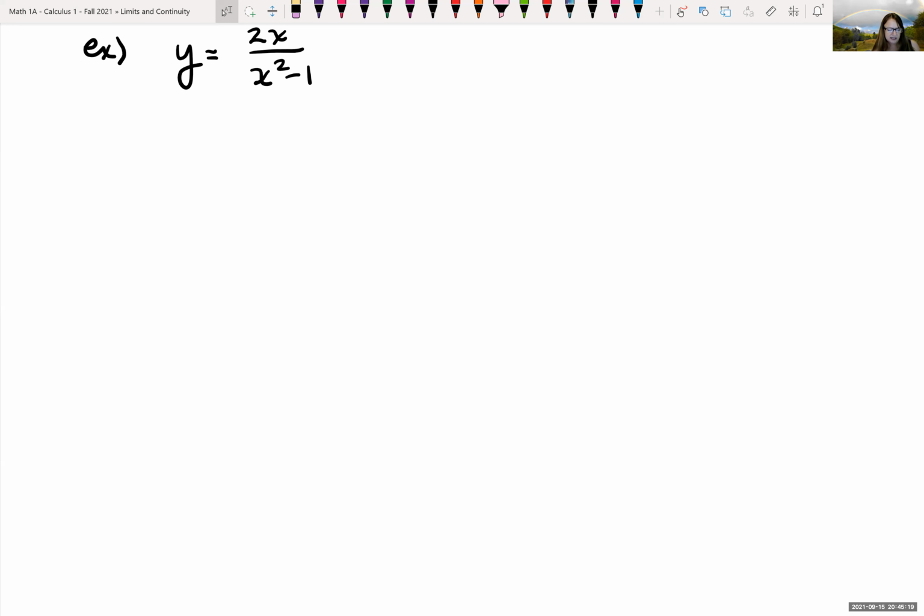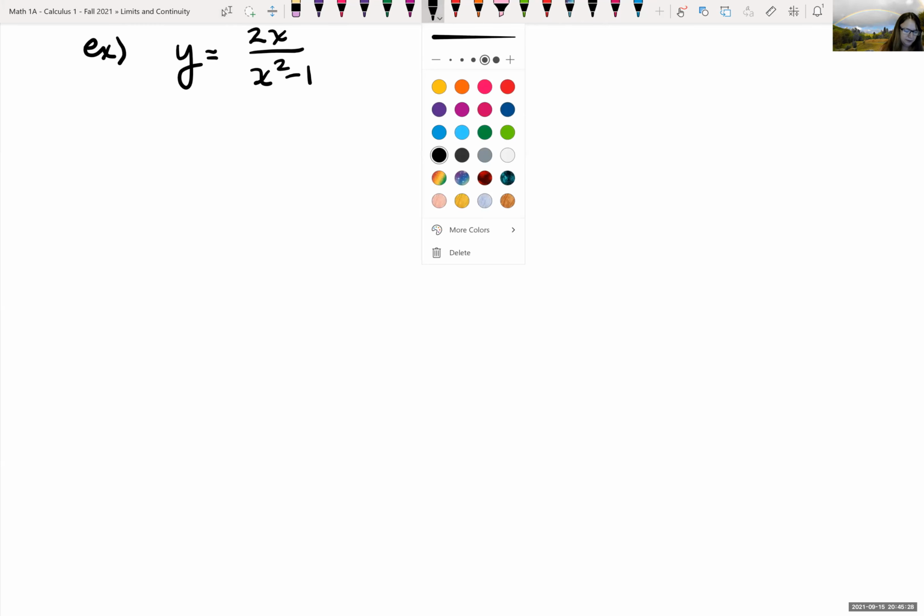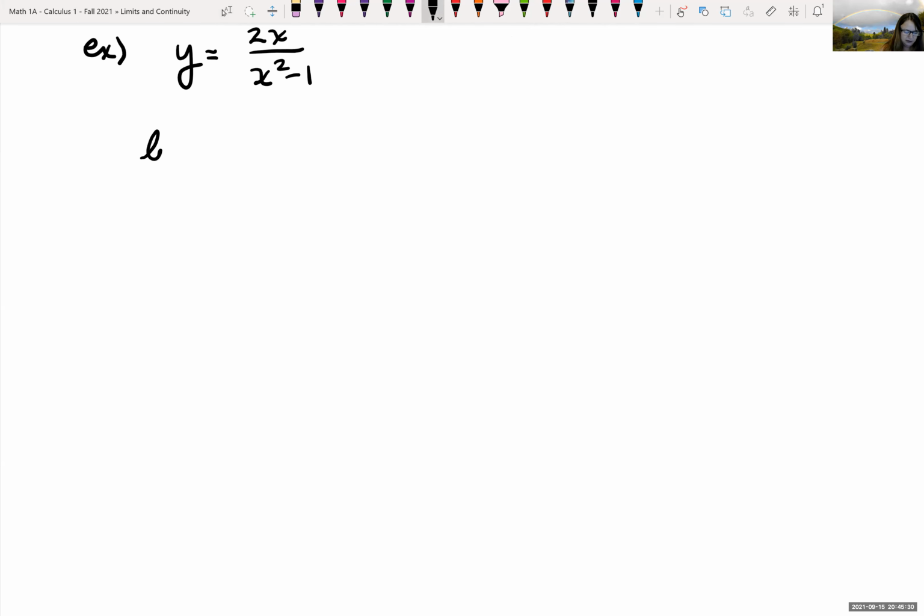So looking at this, we need to look at what's happening as we go off to positive and negative infinity to find our end behaviors of our graph. So let's first look at that. If we go off to positive infinity of this 2x all over x squared minus 1, we see that we get infinity over infinity.